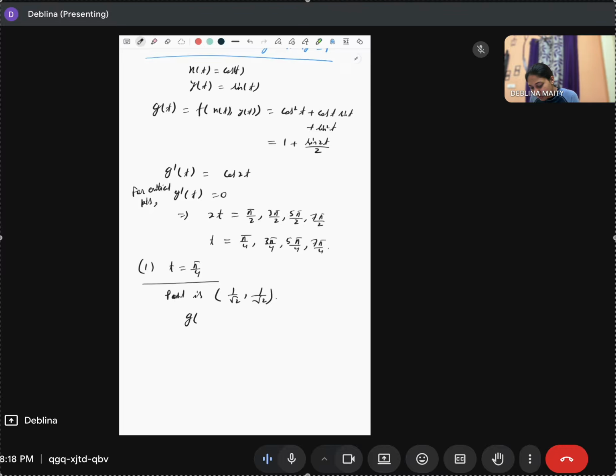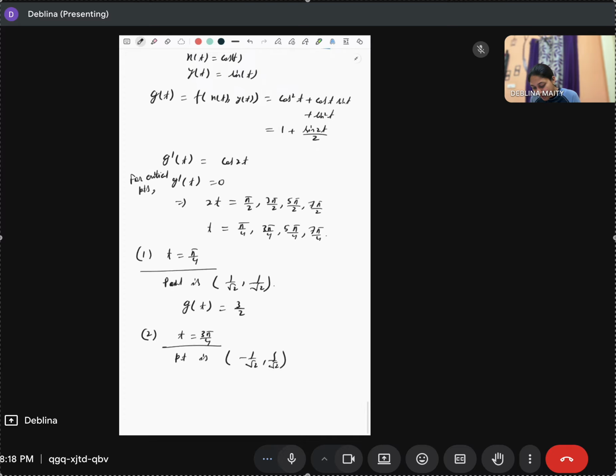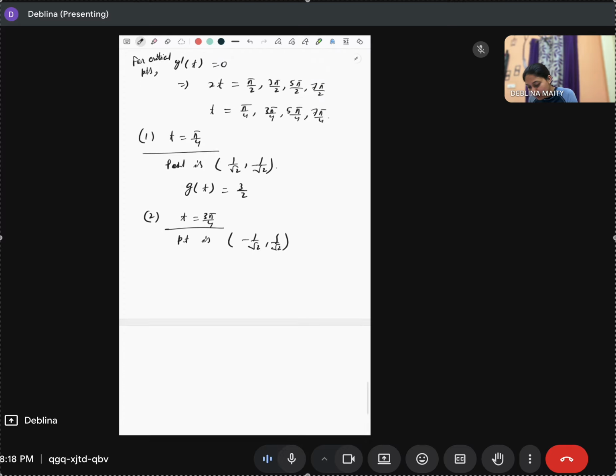And what is the value of g(t) then? g(pi by 4) will be 3 by 2. Okay, for t equals 3 pi by 4, the point is (minus 1 by root 2, 1 by root 2), right? And at this point the value is 1 by 2.